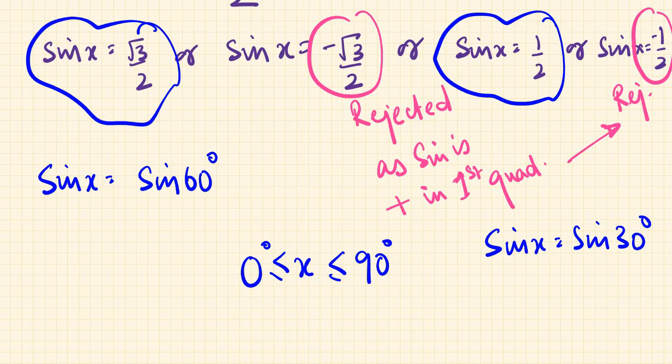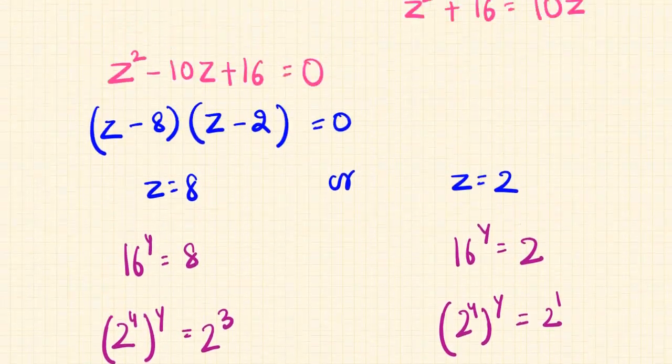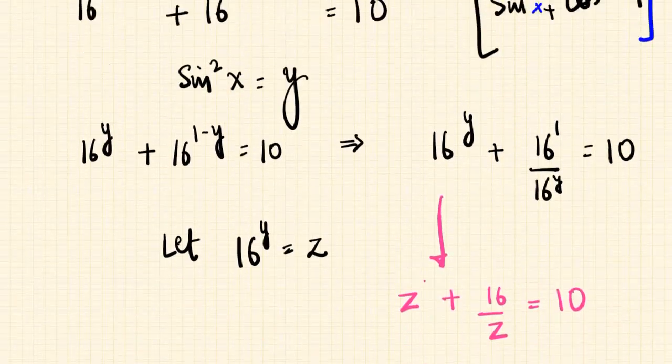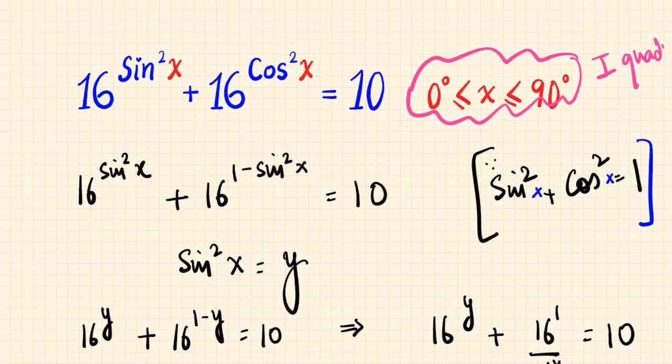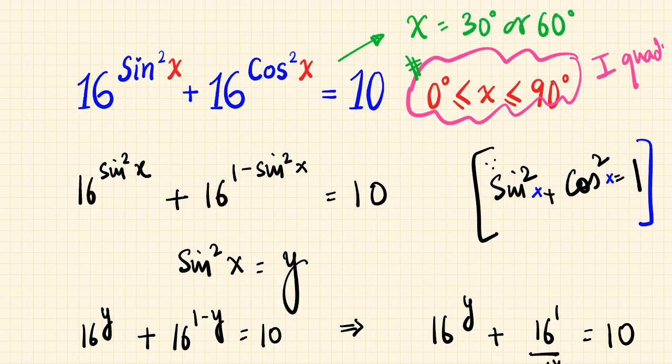Hence, my x from here is 60 and my x from here is 30. So, going back, I hope you understood the full question, every single step, all good. So my final answer with this condition is x is equal to either 30 or 60.